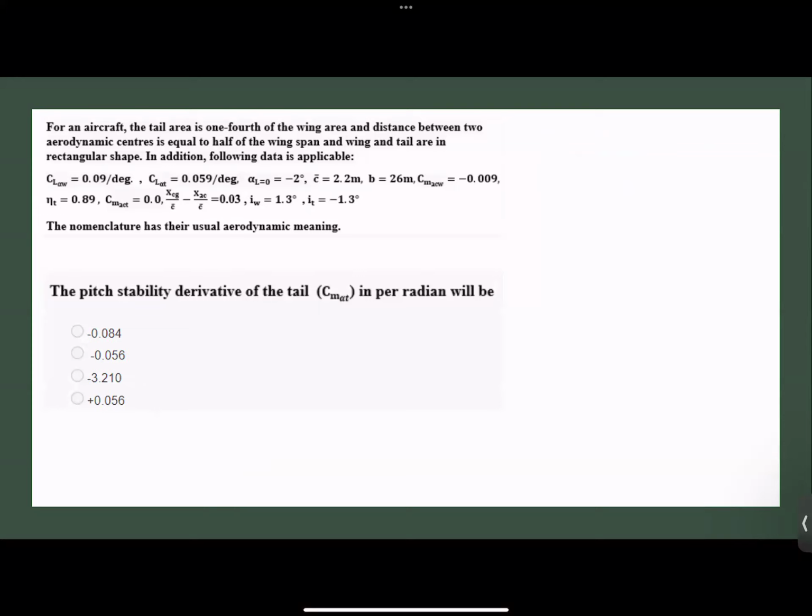The fixed stability derivative of the tail in per radians is the equation.